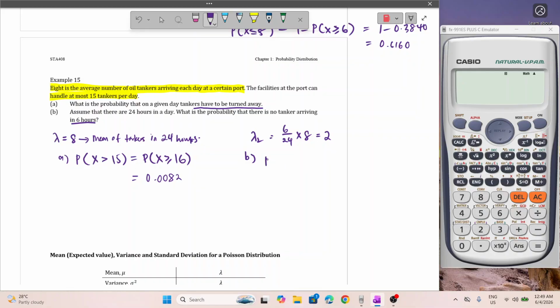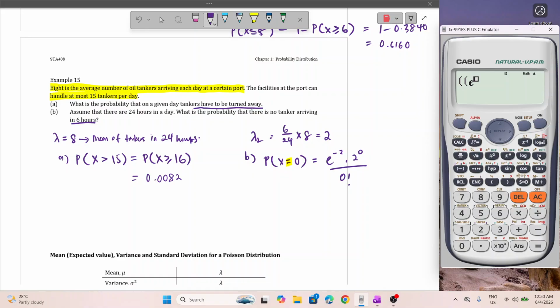So you want to find the probability that there are no tankers. No tankers, X is equal to 0. Then you can use the formula: e to the power of negative 2 times 2 to the power of x, what is x? X is 0, over 0 factorial. So let's do the calculation.